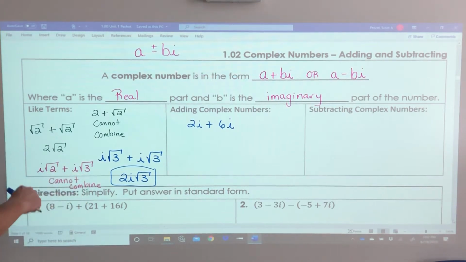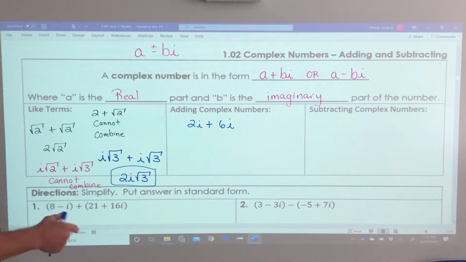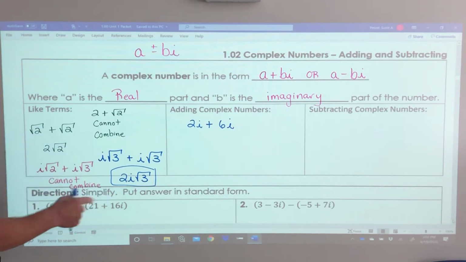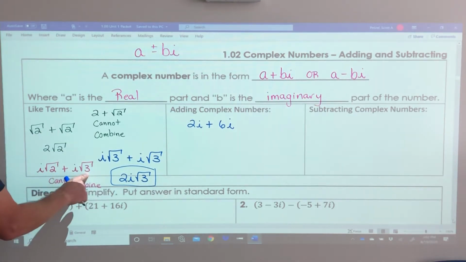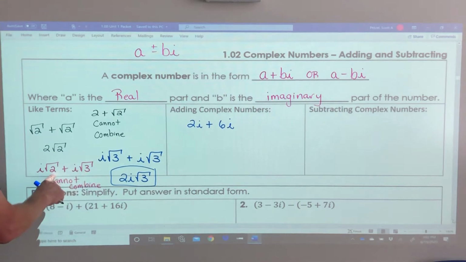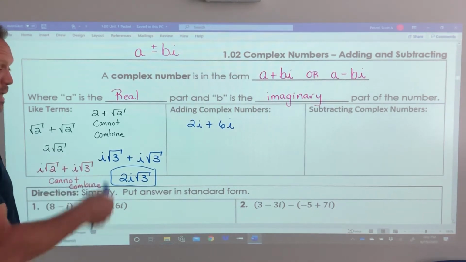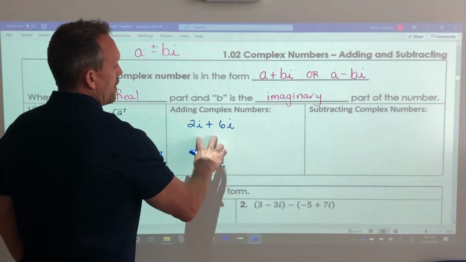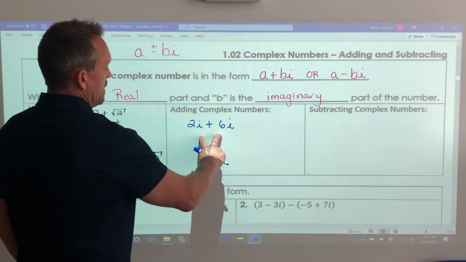I always think of things underneath the radical like a variable. For instance, say I have 2 and 2, that'd be like x and x. Then you'd have 2x. But what if I had x and y? I can't combine x plus y, so it's just x plus y. I can't put them together.